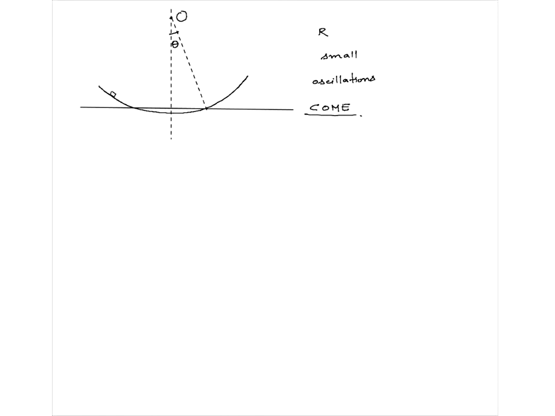I will drag it below, for gravitational potential energy. So total mechanical energy is constant. Kinetic energy is half mv square. V is the instantaneous speed at this point.